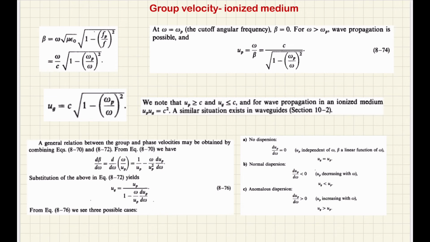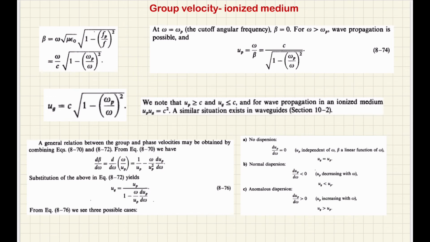Now we look at the group velocity of the waves propagating in an ionized medium, and for that I am taking the expression for the phase constant for the ionized medium. This we have discussed already, and we look at the critical case where the angular frequency equals the cutoff angular frequency omega p.